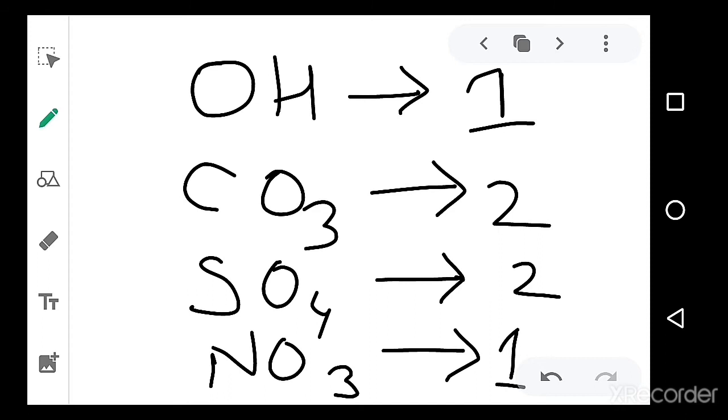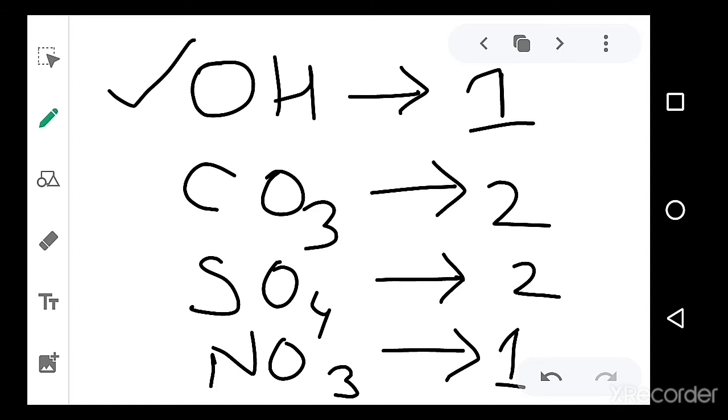When O was a single element, its valency was 2 and hydrogen's valency was 1, but the OH group, that is the hydroxide group, has valency 1. In the same manner, carbonate valency is 2, sulfate valency is 2 and nitrate valency is 1.